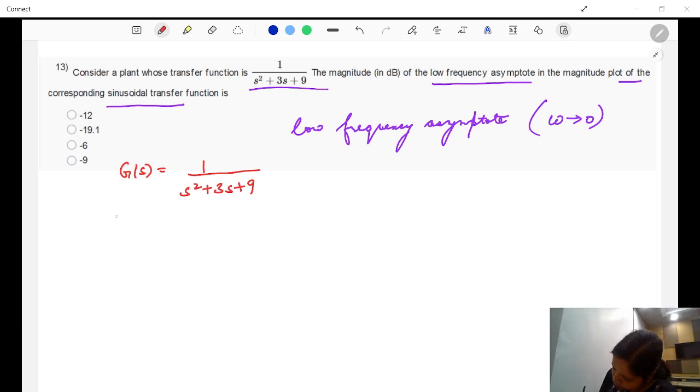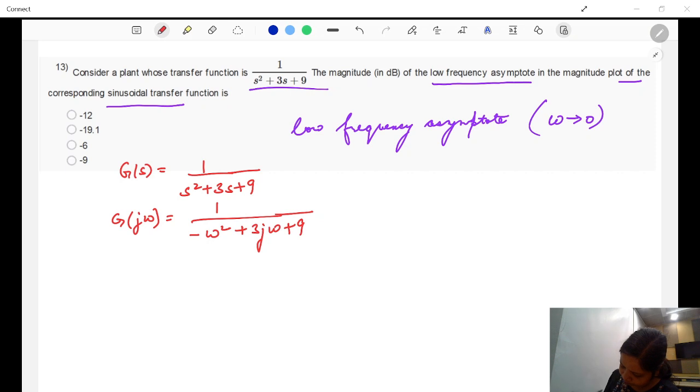Okay. So G of j omega is what? 1 upon minus omega square plus 3j omega plus 9, right?